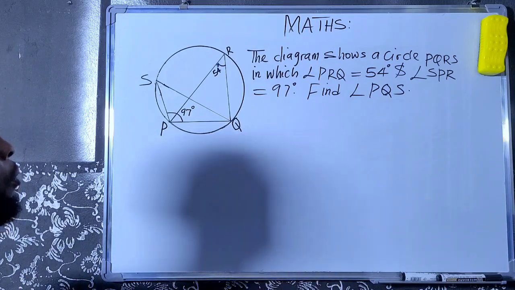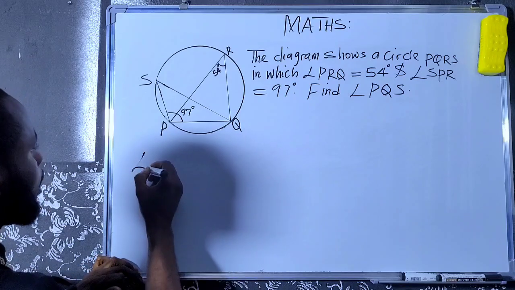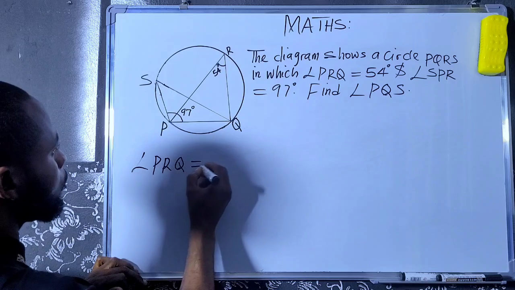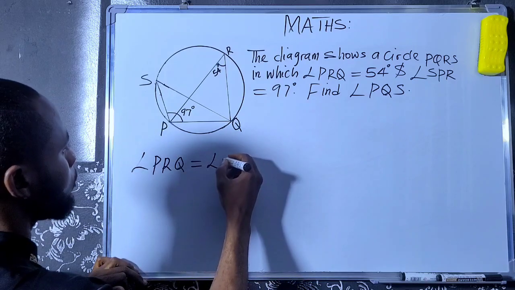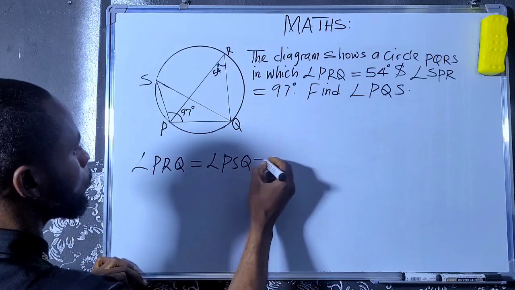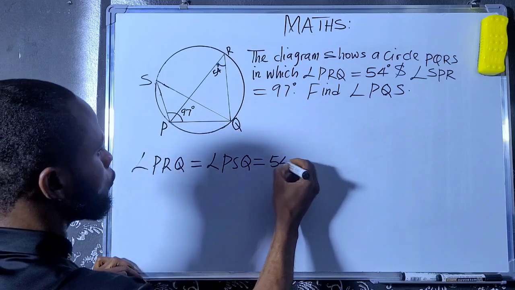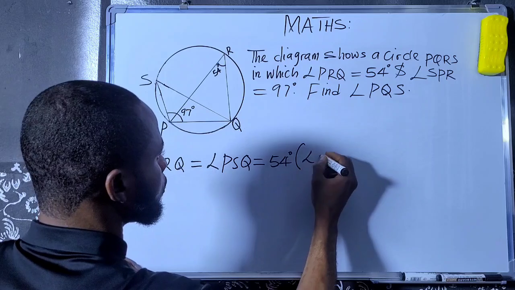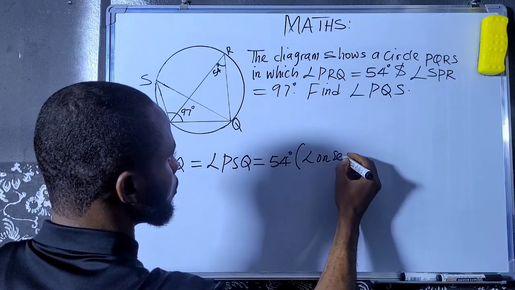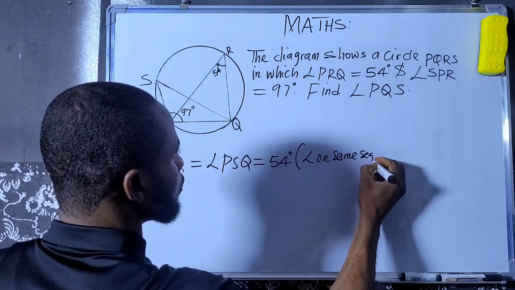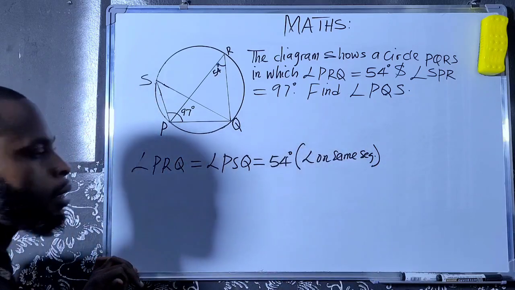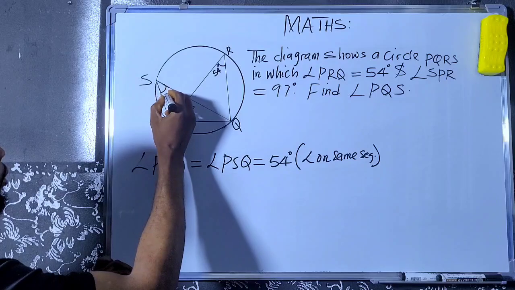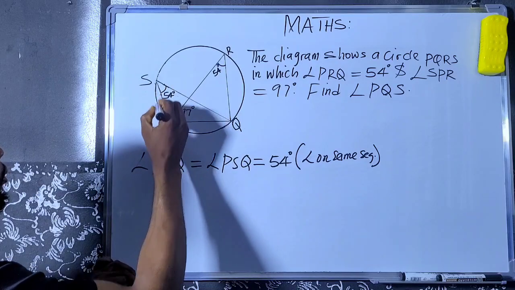Then as such, we have here that angle PRQ equals angle PSQ equals 54 degrees, angles on the same segment. And this implies that angle S here is 54 degrees.